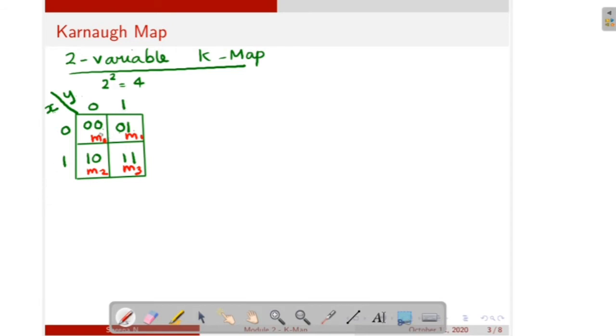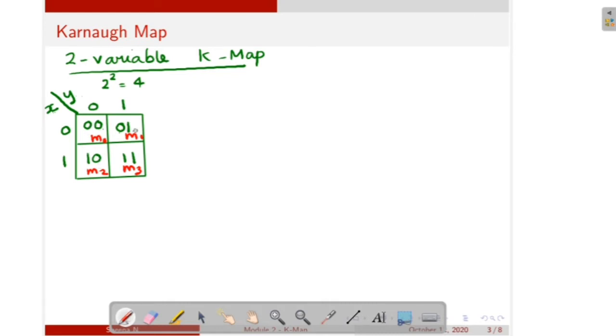Okay, then the adjacent cells or the adjacent squares should differ in only one bit. So consider these two, m0 and m1. The first bit is same and the second bit only is different. These two are adjacent. m0 and m2 are adjacent. Here the first bit is different and the second one is same.